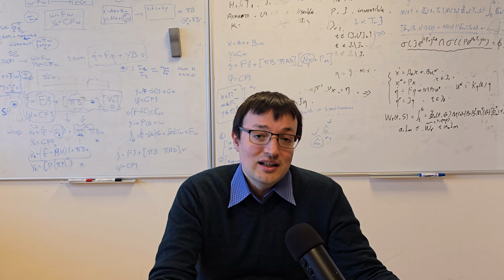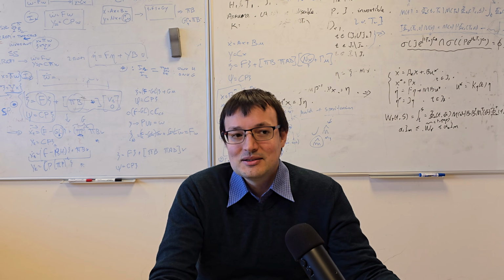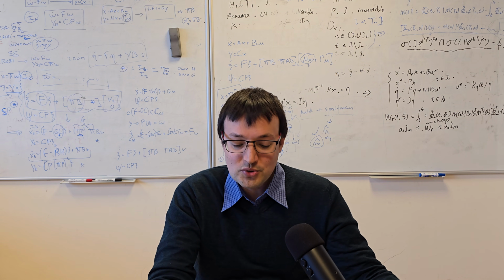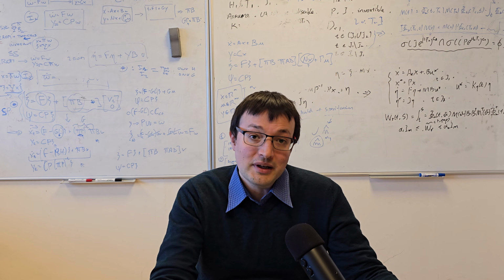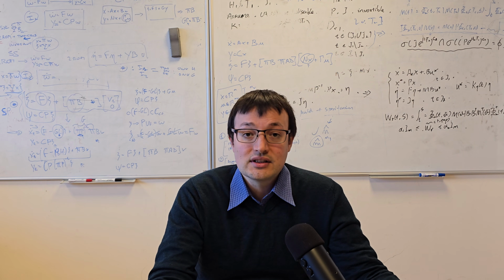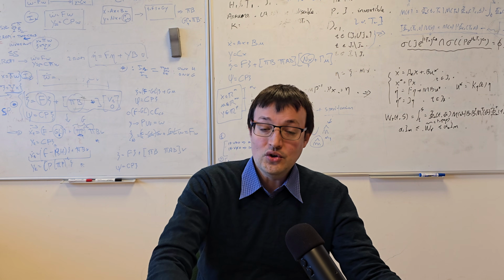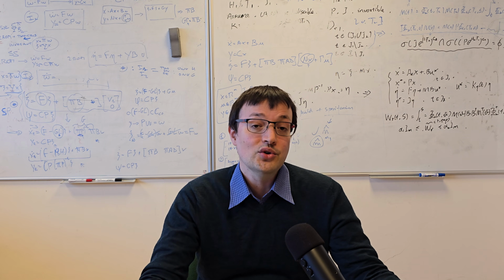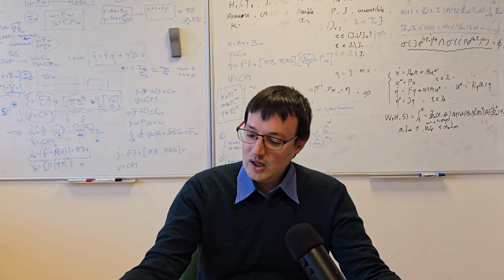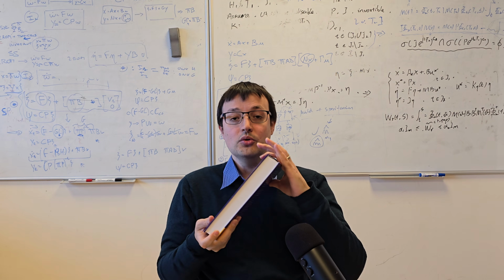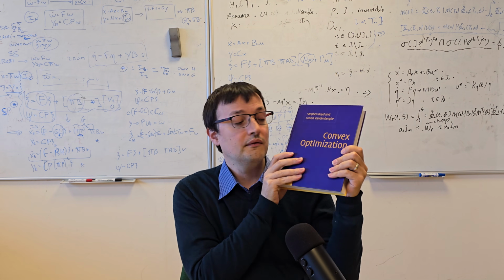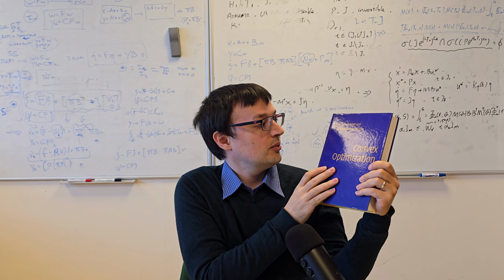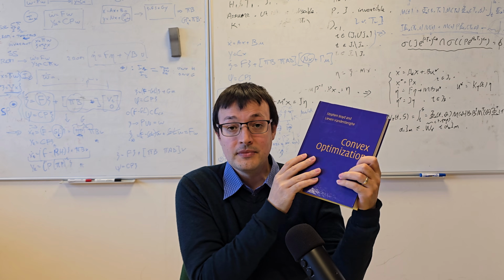So my objective with the Optimization Masterclass is to teach optimization, not much more than that. I have an open-ended plan for this masterclass. It means that I know where I'm starting, but I don't know when I'm going to stop. I will start with this book, Convex Optimization by Stephen Boyd and Lieven Vandenberghe.